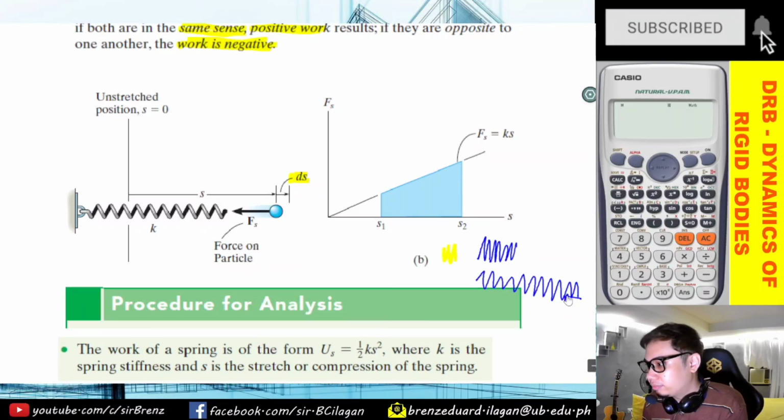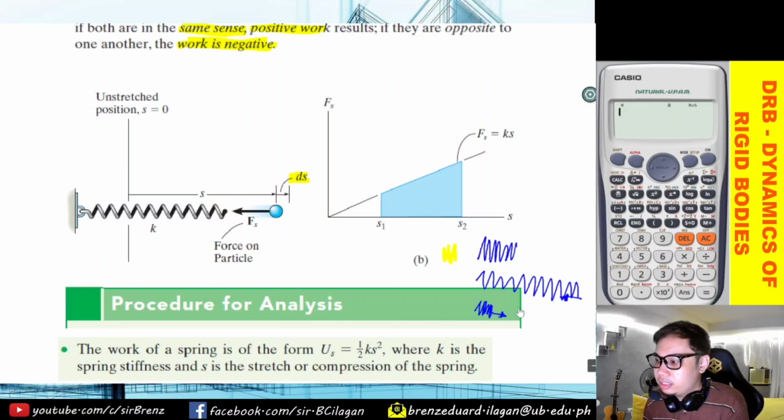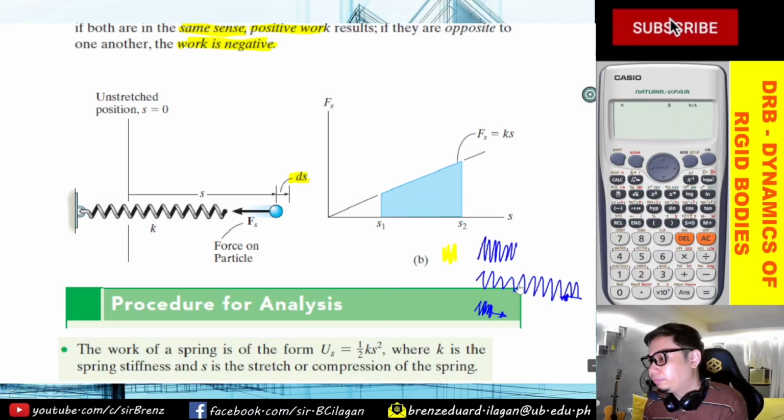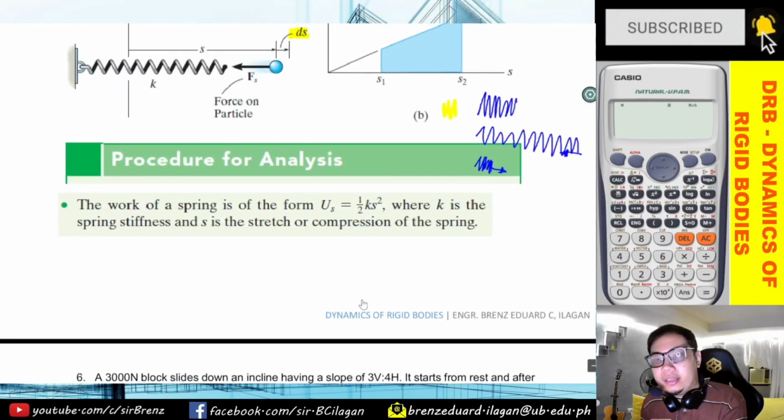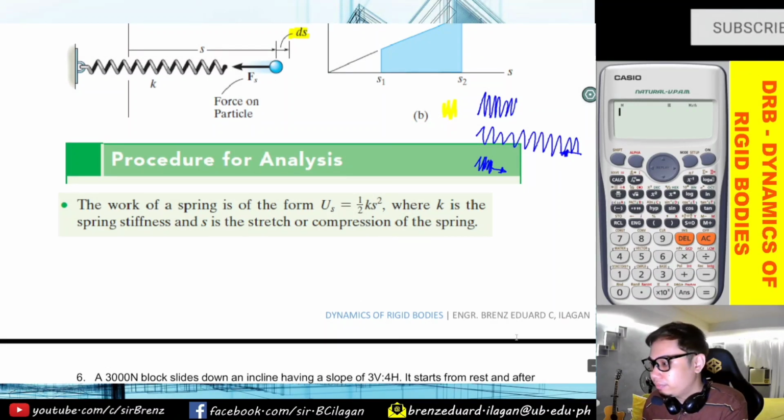And kapag shortening naman, so coming from this original diagram, kapag ganyan naman, so syempre ang tendency niya naman is bumalik dito sa kanyang original shape. Okay? So para mas maunawaan, try natin mag-solve ng mga problems regarding work for a spring.